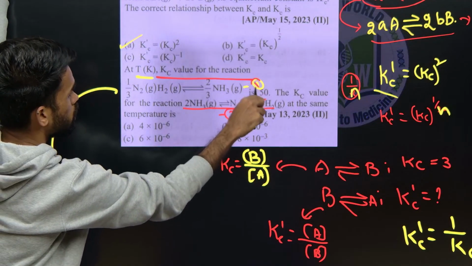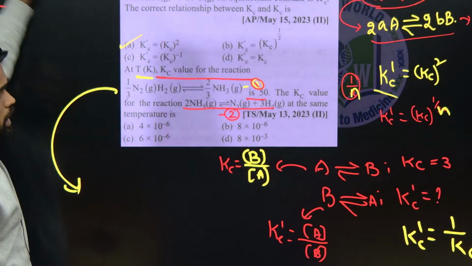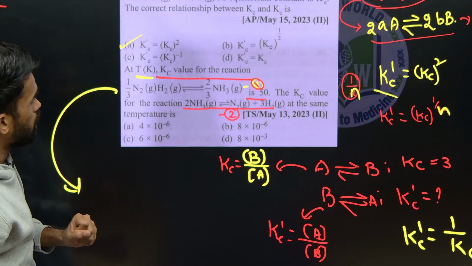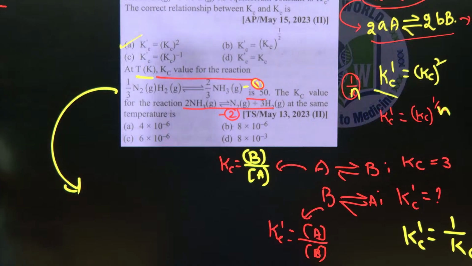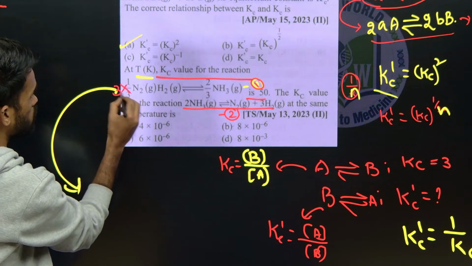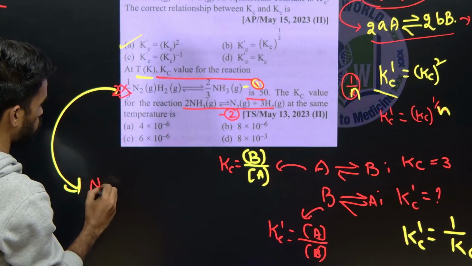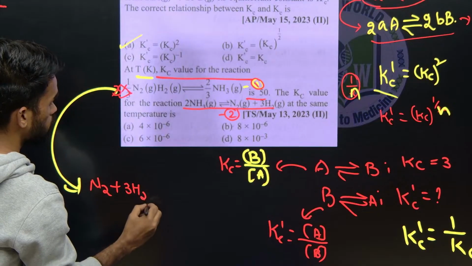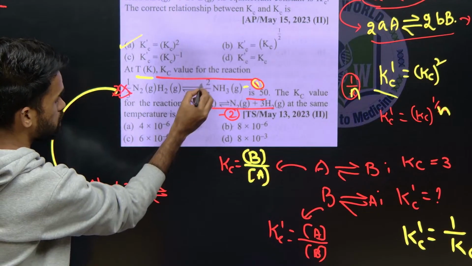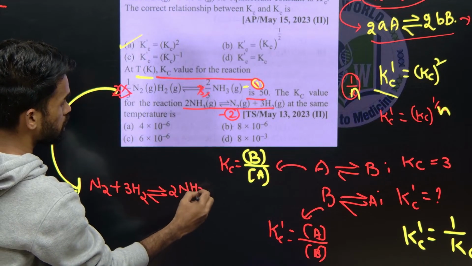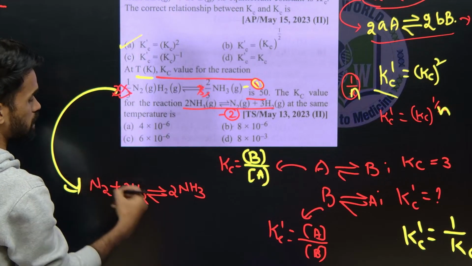It's very simple. Equation 1 is reversed and multiplied with the number 3. So if it is multiplied with 3, it becomes N2 plus 3H2, and here we get 2NH3. Yes, so if I multiply this equation, we will get this one.